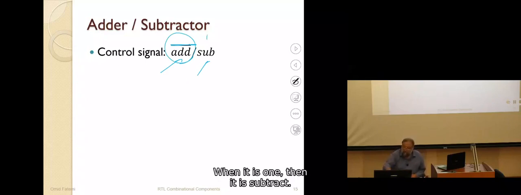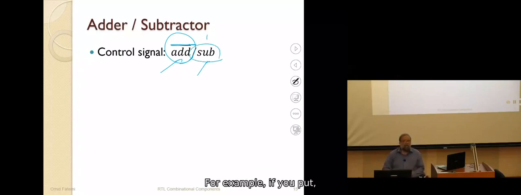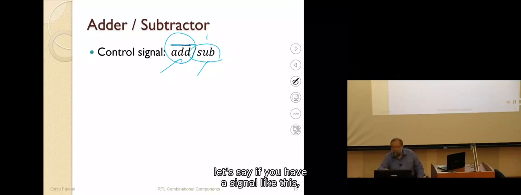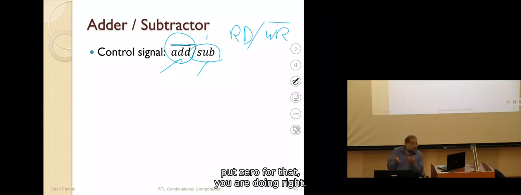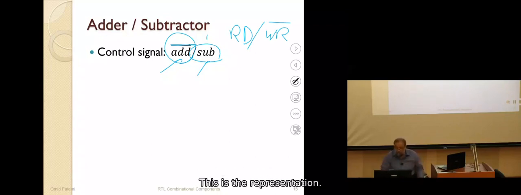When it is 1, it is subtract. For example, if you have a signal like read, write, then if you put 0 for that, you are doing write. If you put 1, you are doing read. So this is the representation.